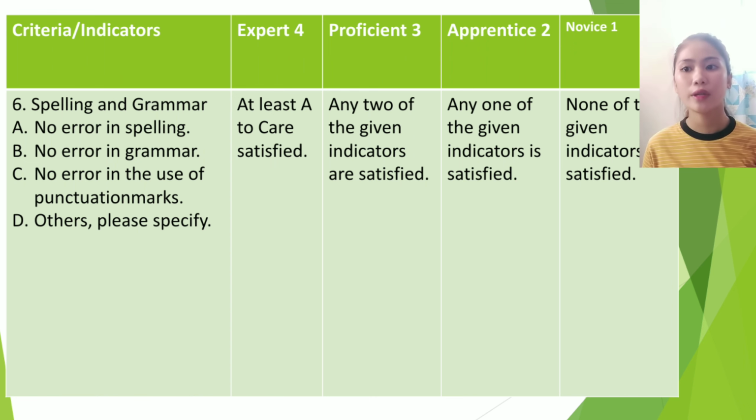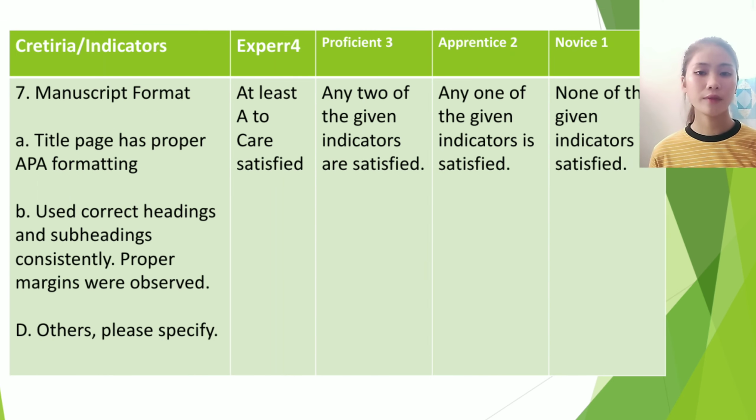Letter B, no error in grammar. C, no error in the use of punctuation marks. Then D is other please specify. Number 7 is manuscript format. The criteria are letter A, title page has proper APA formatting. Letter B, use correct headings and subheadings consistently. Proper margins were observed. And others please specify.